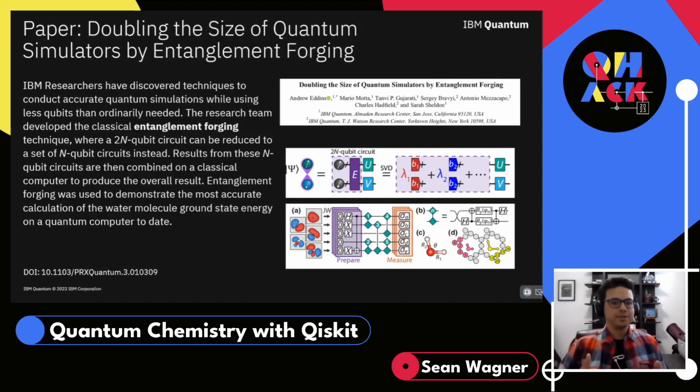The other thing they were able to show with this paper is that if you do have a larger quantum processor with more qubits, like they simulated this on a 27 qubit system, but they only required 5 qubits for each one of the circuits that they're executing. Well, that provides the opportunity to then start executing multiple circuits on the same QPU at the same time. And thus you save some execution time, you get results faster.